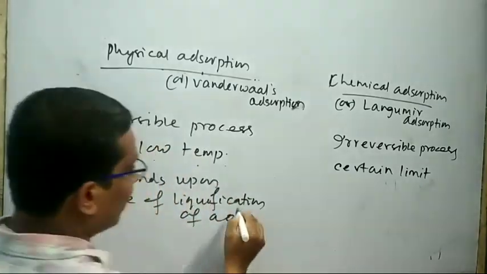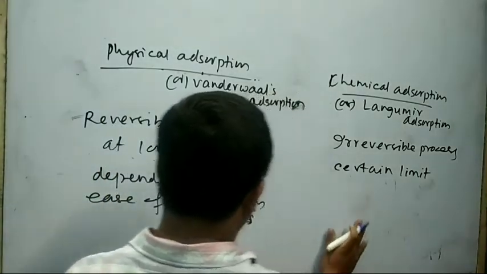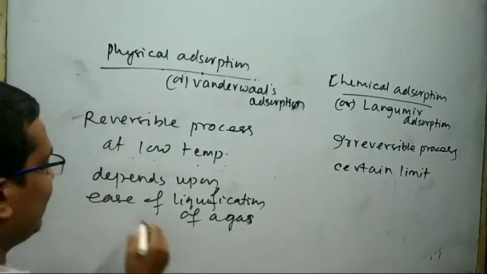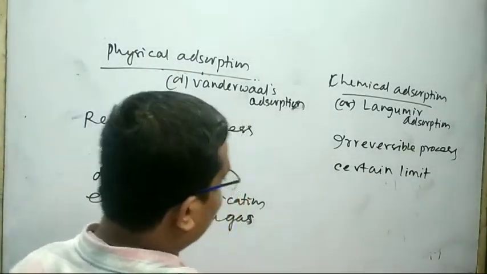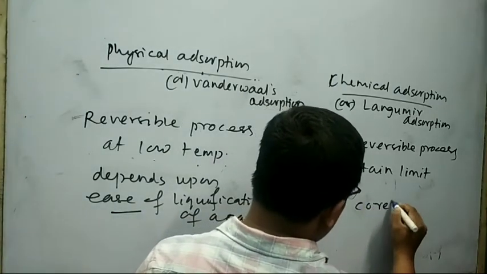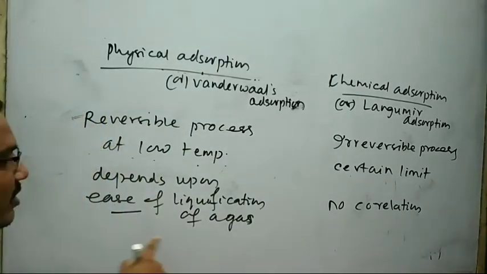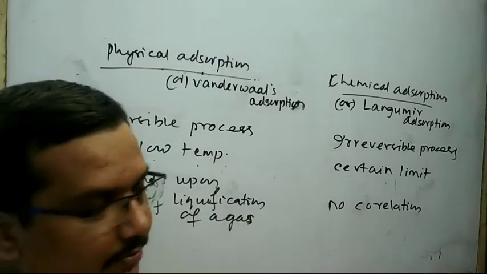But remember, in chemical adsorption, the extent of adsorption does not depend upon the ease of liquefaction. That means there is no correlation between chemical adsorption and the ease of liquefaction.